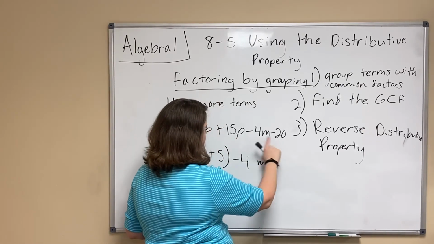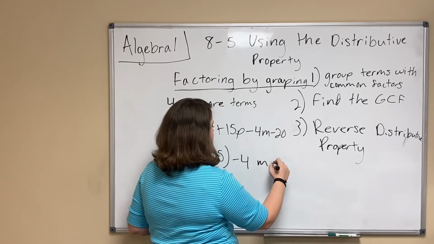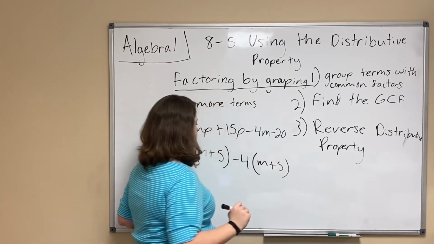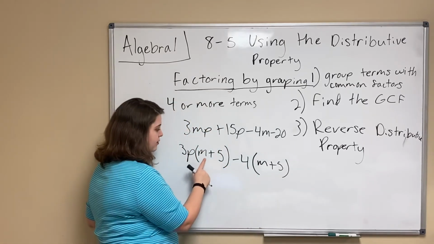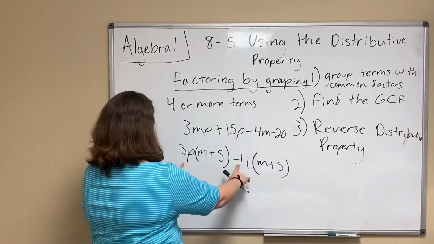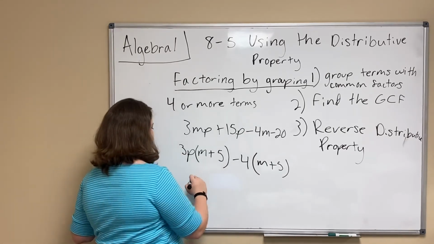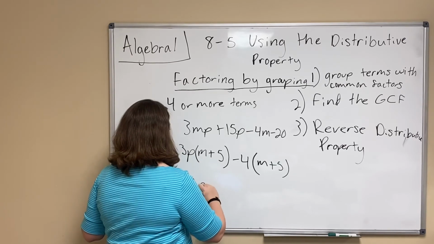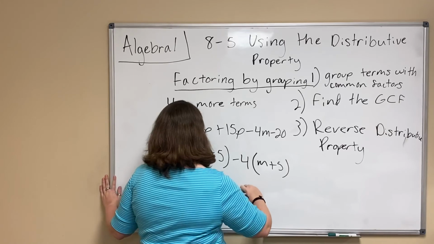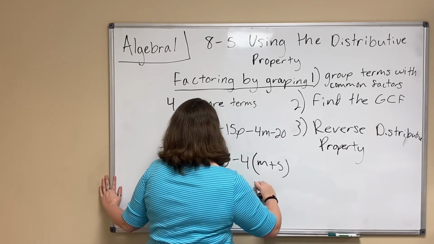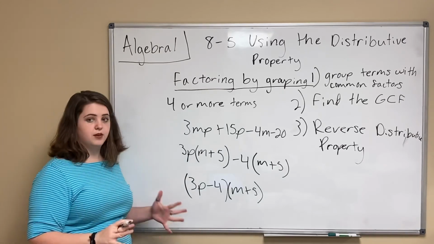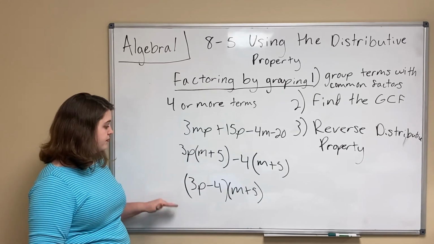Negative 20 divided by negative 4 is going to give us 5. Okay, now looking at it, we have m plus 5 and m plus 5, so we can combine these into their own binomial. 3p minus 4 times m plus 5, using our reverse distributive property, going backwards the way that we've done it this whole time. And that's where you'll stop.